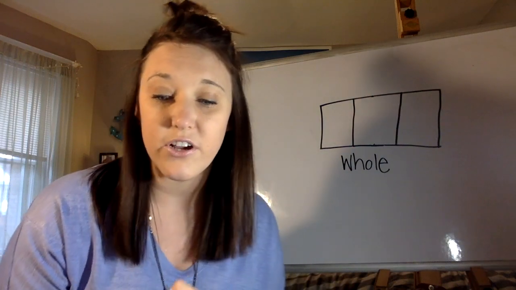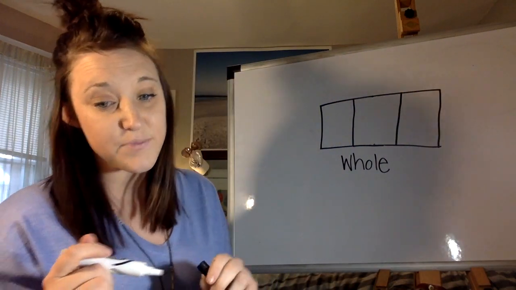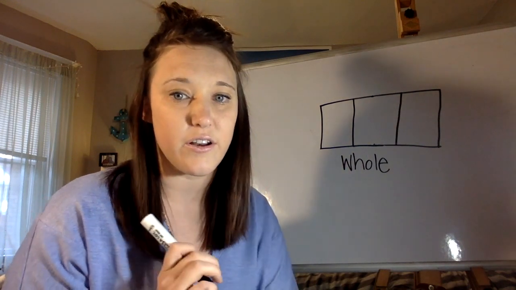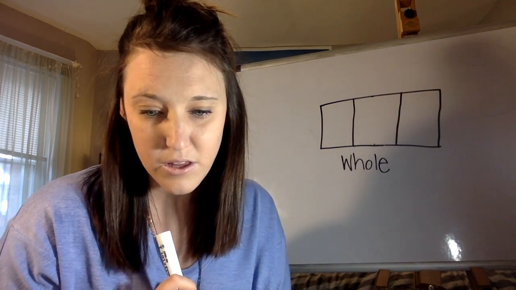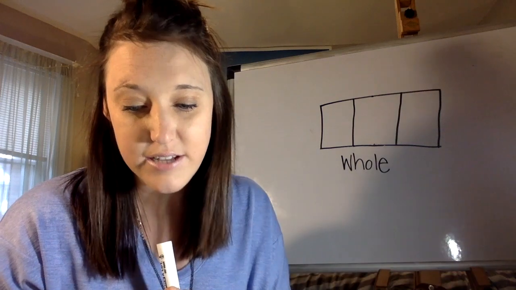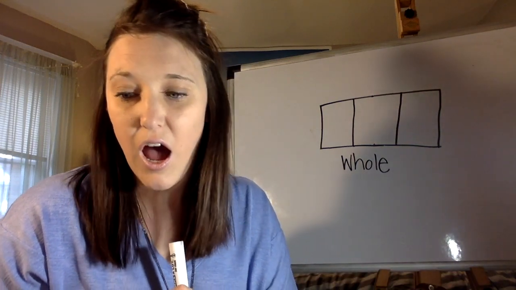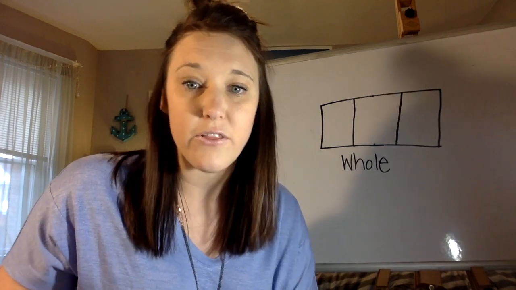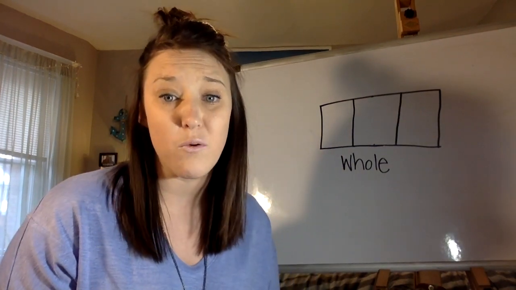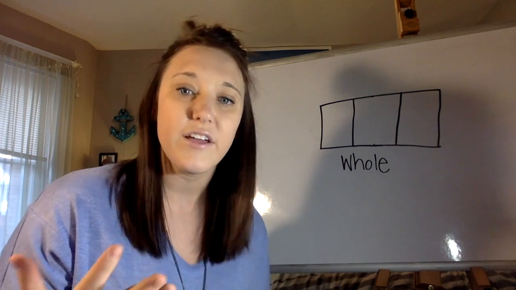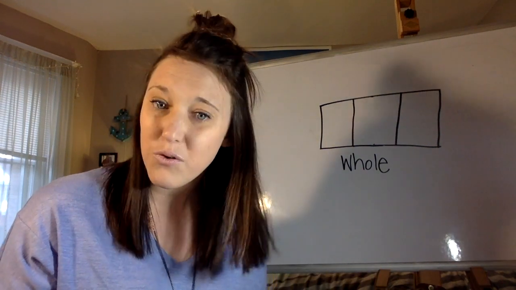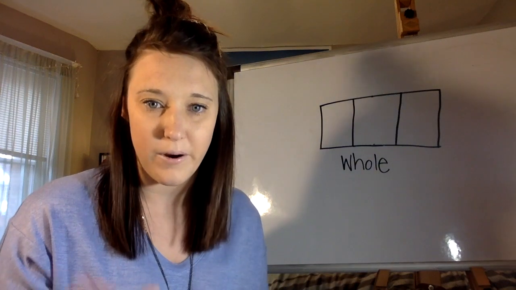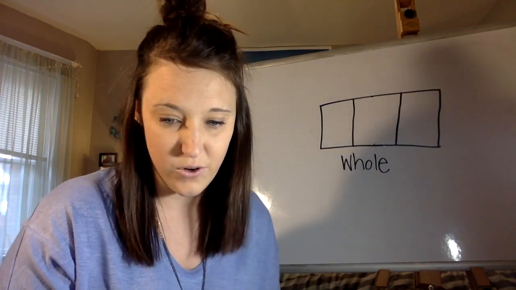Same with fourths, moving on with 6 and 8. Those are the ones that we're going to focus on through at least 10.1, and then I'm going to be posting some other information and some other activities that will also talk about fifths, just splitting a whole into 5 equal parts, tenths into 10 equal parts, 12ths, 12 equal parts, and so on and so forth.